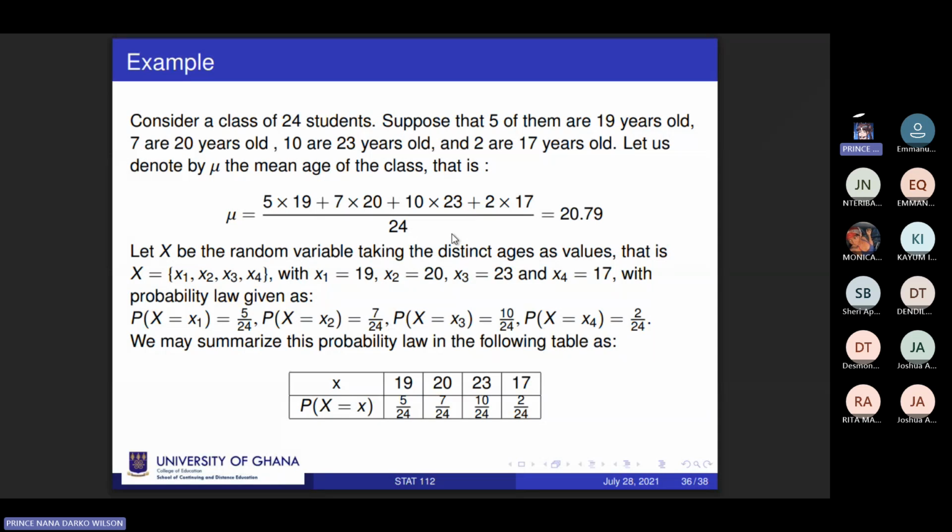So we have 5 times 19 plus all that, over 24, and it gives us 20.79. Now let X be the random variable taking the distinct ages as values. That is, X equals x1, x2, x3, x4, where x1 is the first age, 19, x2 is the second age, 20, x3 is the third age, 23, and x4 is the fourth age, 17.